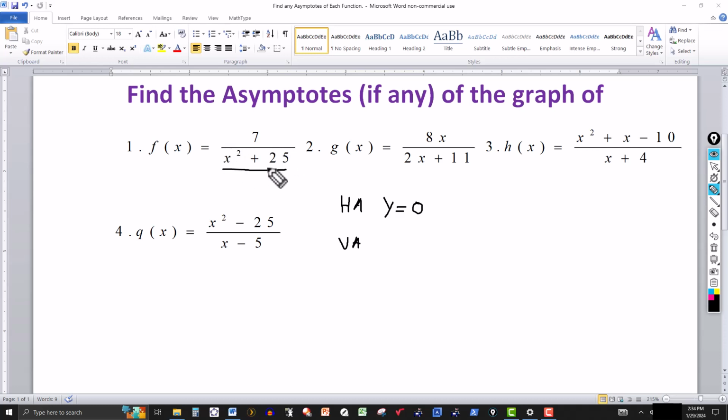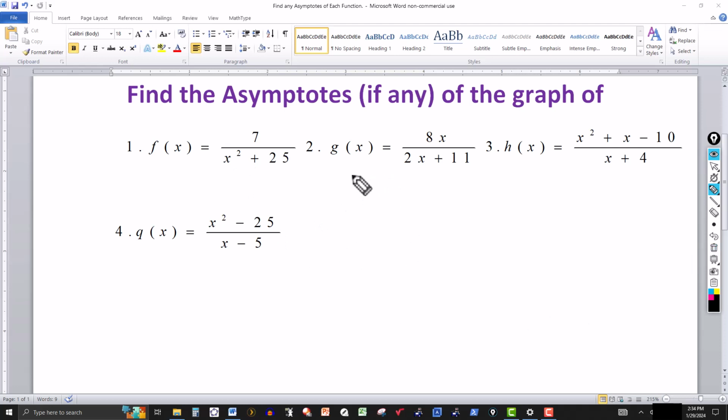There's no way I can find the value of x to make that 0. Now there are some complex or imaginary numbers that do it, in this case plus or minus 5i, but we're looking for real numbers, so we don't have any there. So for the vertical asymptote, this will be none. And again, if you have a horizontal asymptote, you're not going to have an oblique. So that's what you have for the first one.